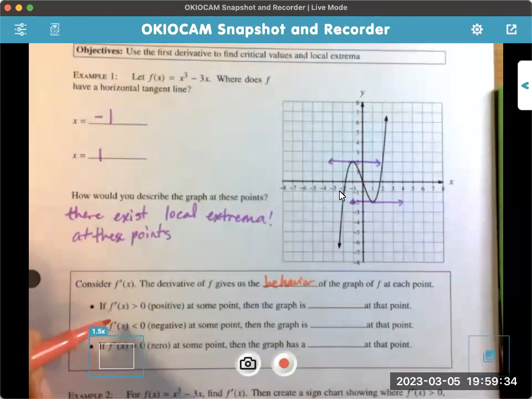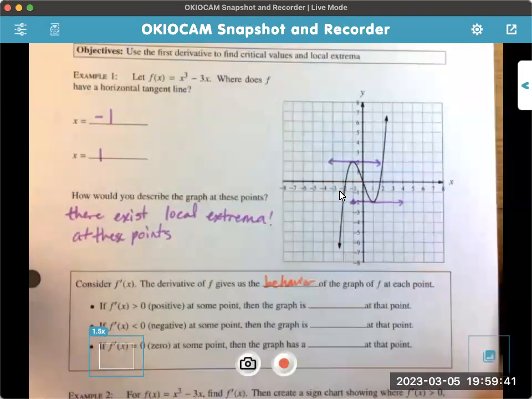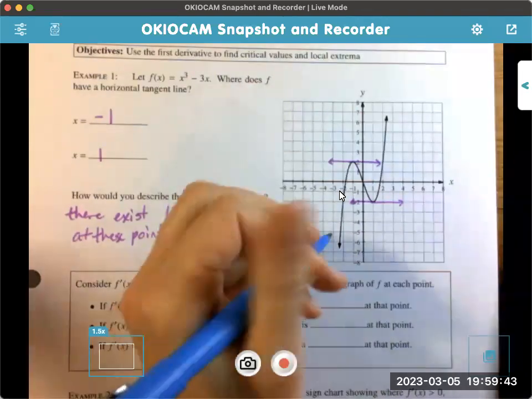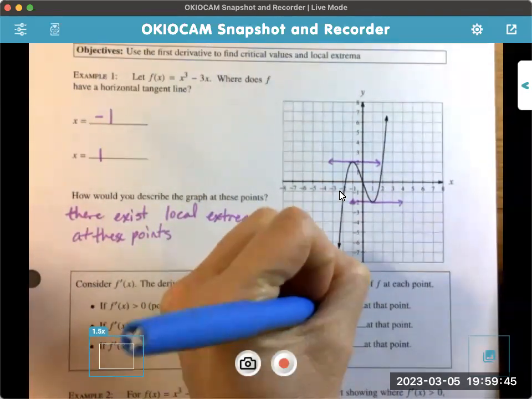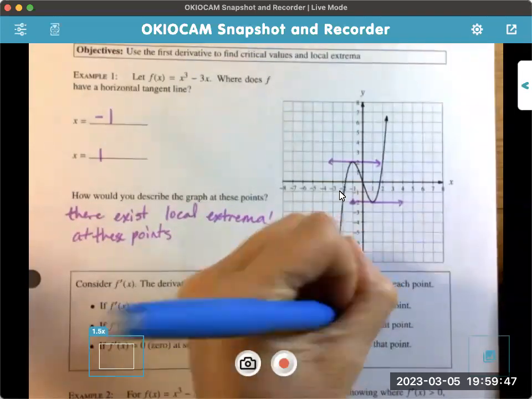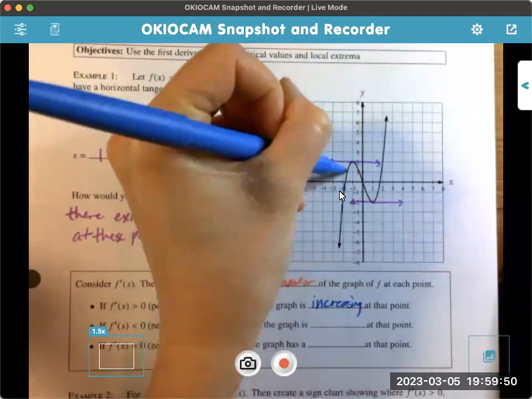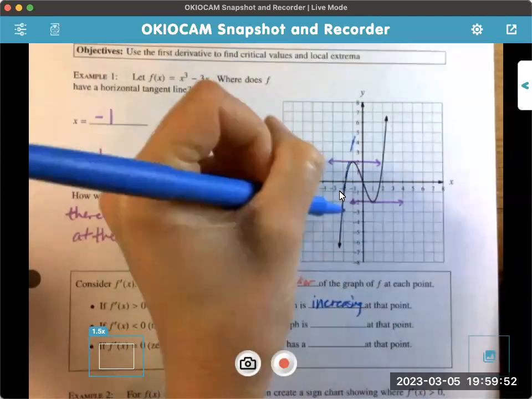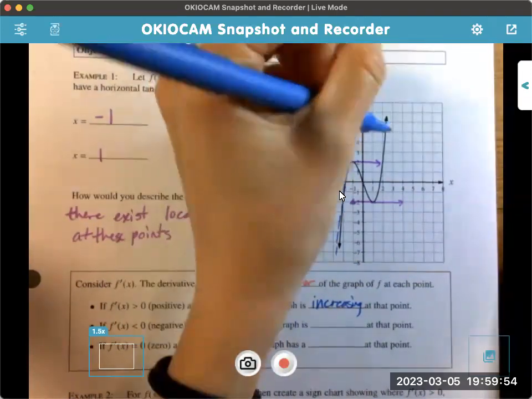So if f prime is positive, if the derivative is positive at some point, then the graph is increasing. Because notice here, all of these tangent lines have a positive slope, right?